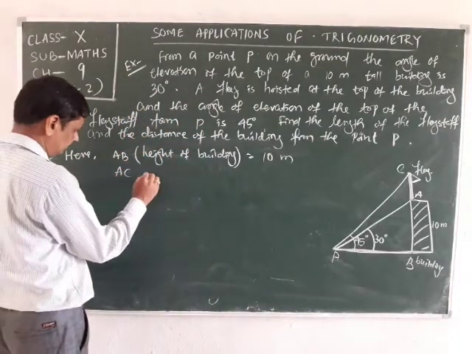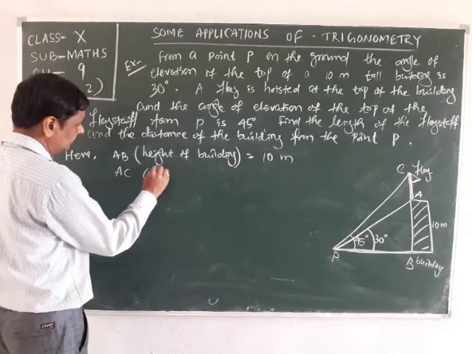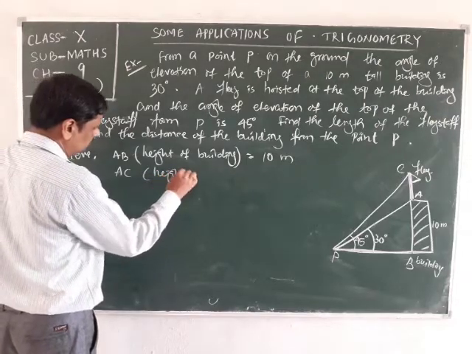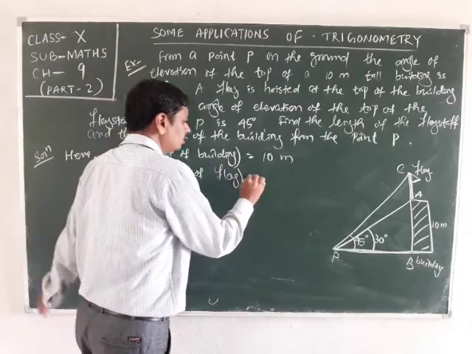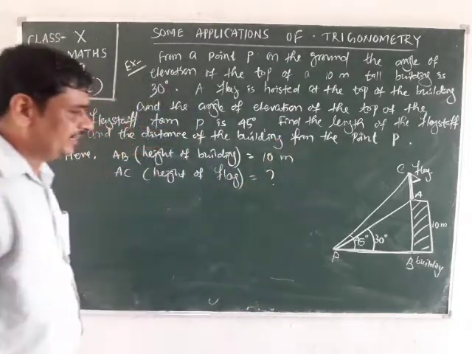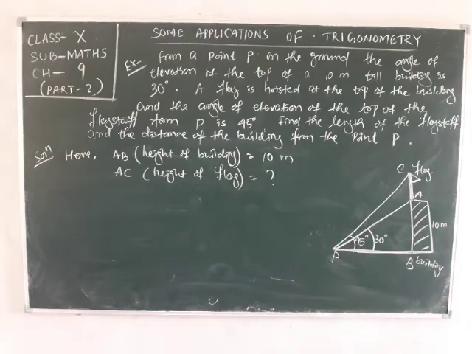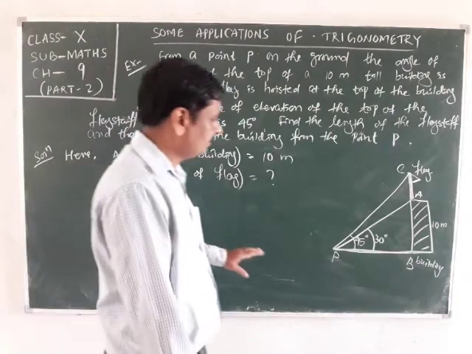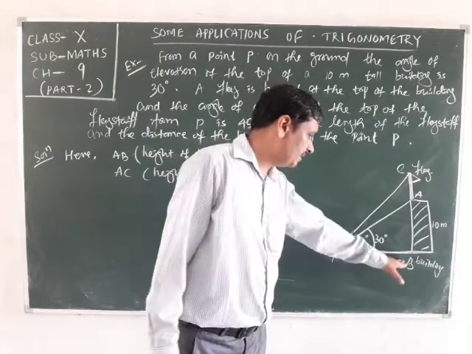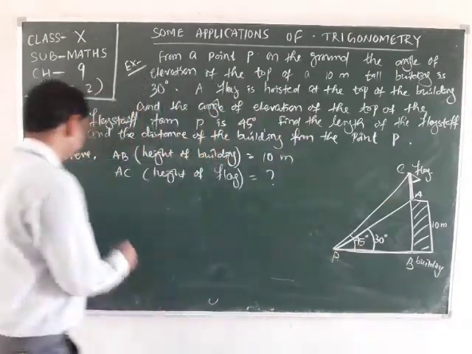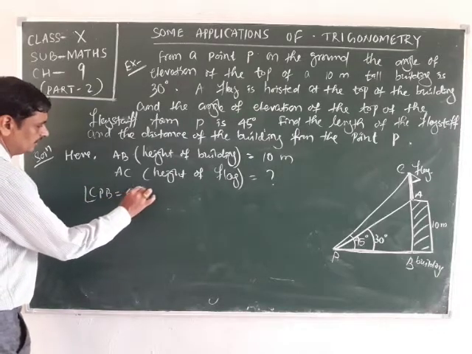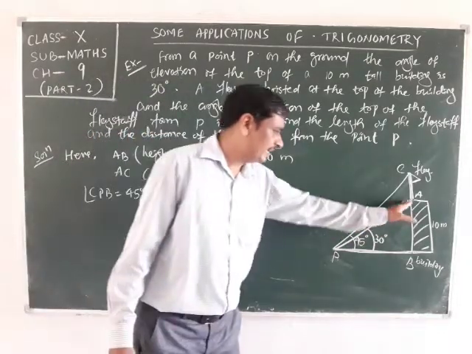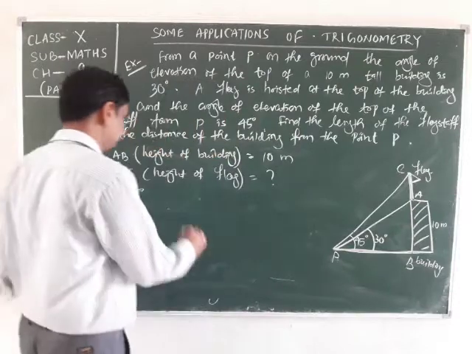AC, that is the height of the flagstaff, is required to find this length. The angle of elevation CPB is 45 degrees. CPB angle is given as 45 degrees, whereas APB is given as 30 degrees.